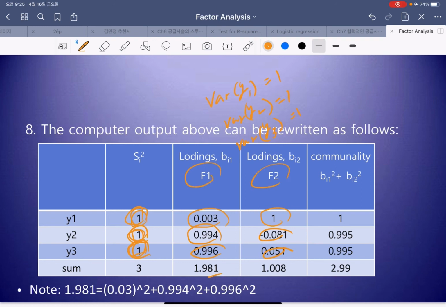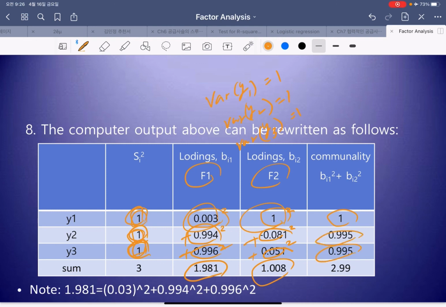Remember that this number comes from squaring these things and then adding, and also this one comes from squaring these things and then adding.